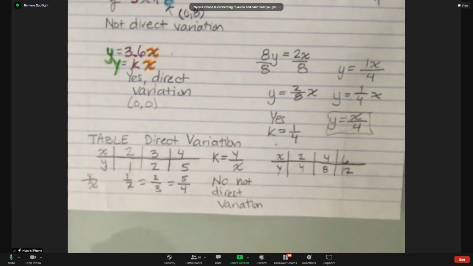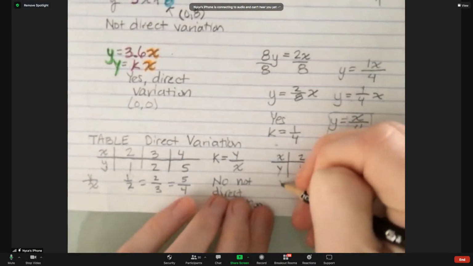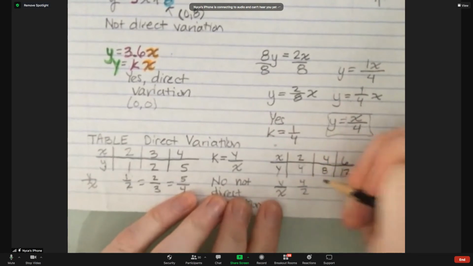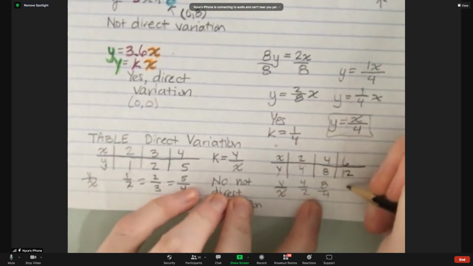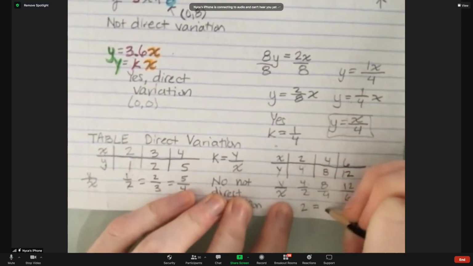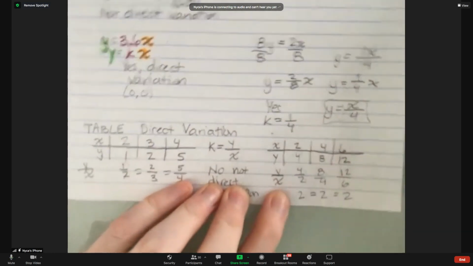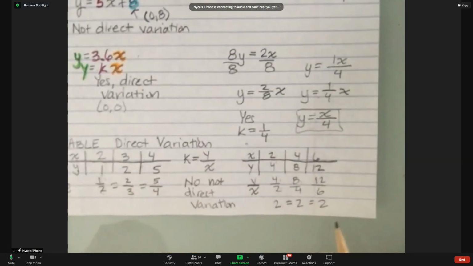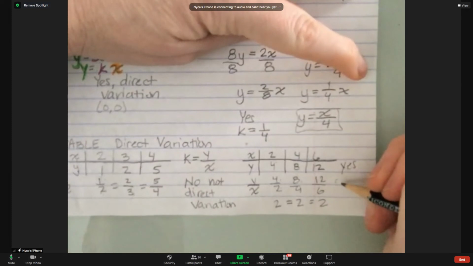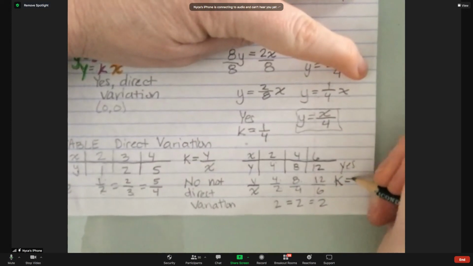All right, remember to find and identify a K, it's Y over X. Then that means 4 over 2, 8 over 4, 12 over 6. That simplifies to 2, 2, 2. Did I get the same number each time? Yes. So yes, direct variation, and your K is equal to 2.